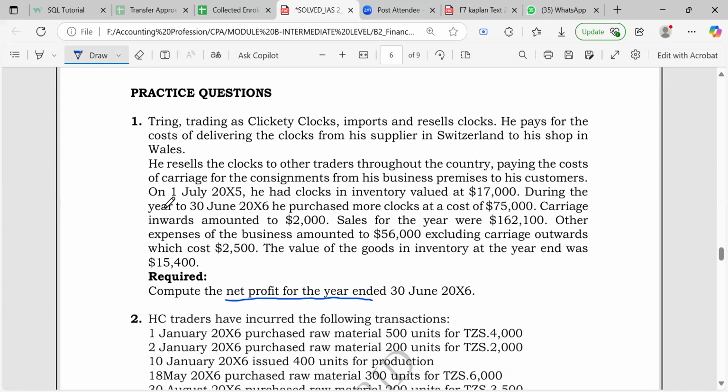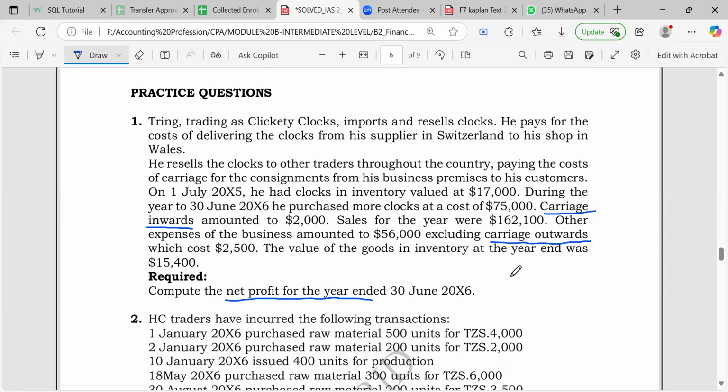And during the year to 30 June 2026, he purchased more clocks at this cost. Carriage inwards amounted to this one, and sales for the year are this one. Other expenses of the business amounted to 56,000, excluding the carriage outwards. I just need you to get the difference between carriage outwards and carriage inward. How can you differentiate these ones? That is an important point.